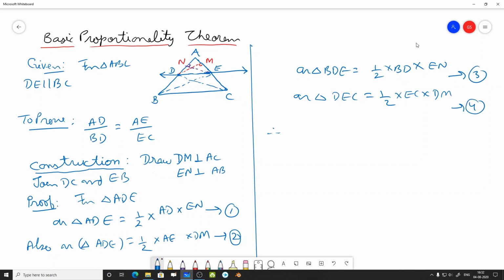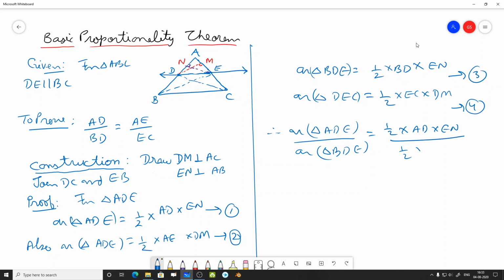Therefore now let us find the ratio of the first and the third one. Therefore area of triangle ADE over area of triangle BDE, so that will give us here also, so equal to half into AD into EN over half into BD into EN.